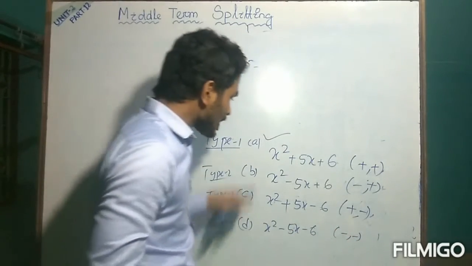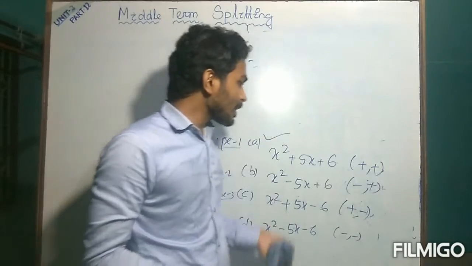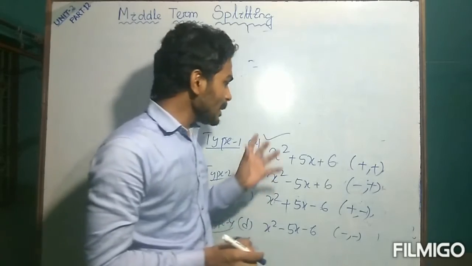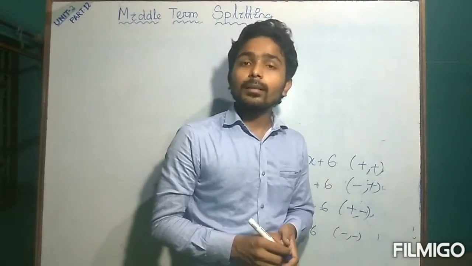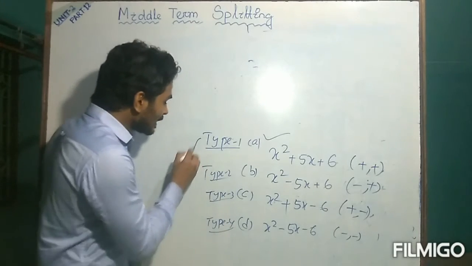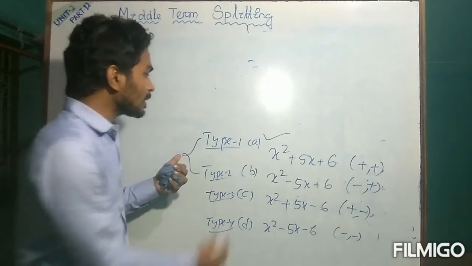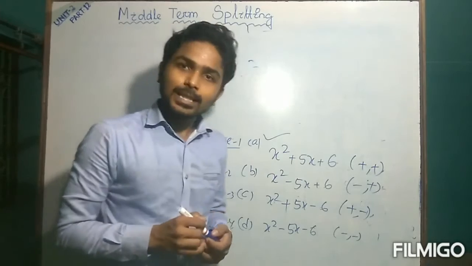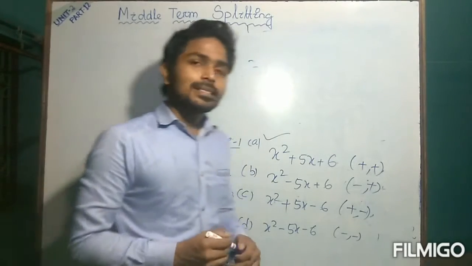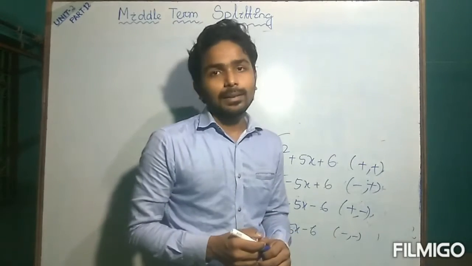Okay, so these are the most important types of quadratic polynomial whose factorization must be calculated through splitting of middle term. So in this session we will discuss these types of the splitting of middle term method. Okay, so let's start with type 1.